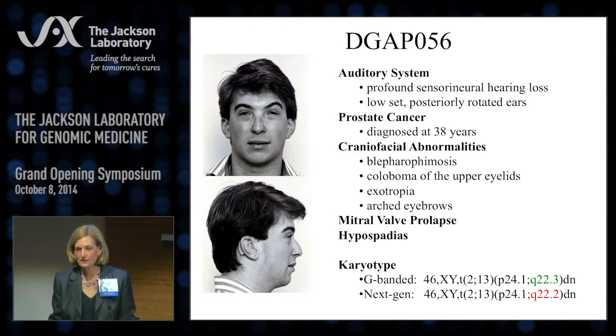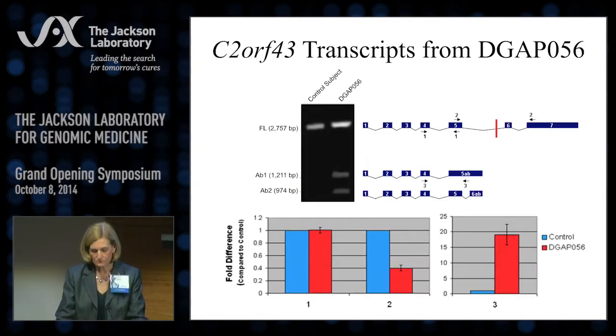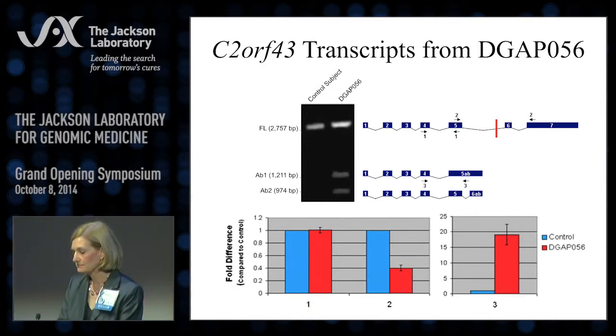Turns out that his translocation disrupted an unannotated sequence known as C2ORF43, located on chromosome 2. It broke this gene between exons 5 and 6. It resulted in 2 abnormal transcripts from abnormal splicing products and haploinsufficiency, about a 50% decrease in the normal transcript.